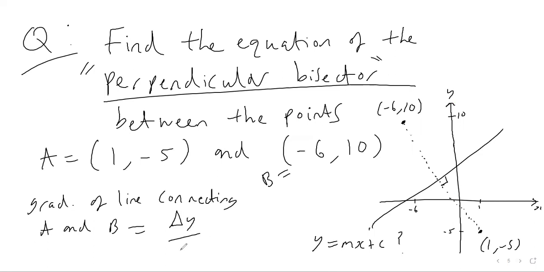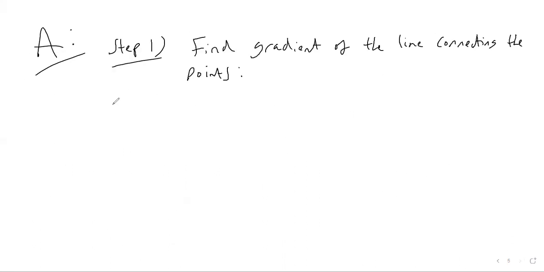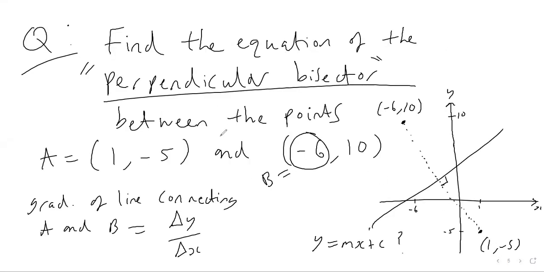So that's your formula to find a gradient. Let's do this on the next page. We could go from minus 5 to 10, so our change in y is 10, our second y coordinate, take away our first one, so 10 take away minus 5. So our gradient is going to be 10 take away minus 5 on the top, and on the bottom, change in x, so minus 6 take away 1.